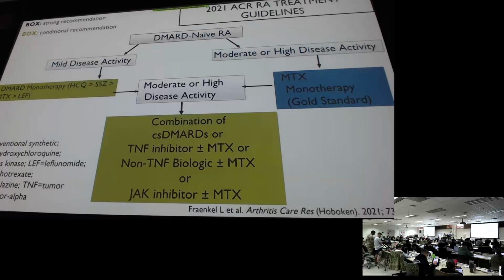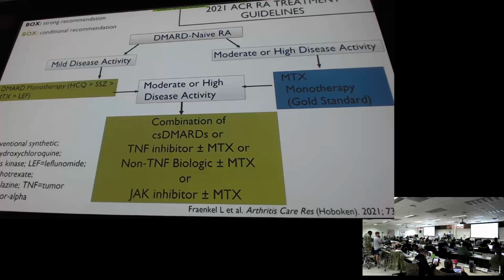Okay, so these are the 2021 guidelines for RA, same organizations that we looked at for the OA. The big thing to get from this chart is that if it's moderate or high disease activity, methotrexate. Right? Methotrexate is usually first line. And then we're going to talk about if methotrexate monotherapy doesn't work, then we're going to add in some medications.